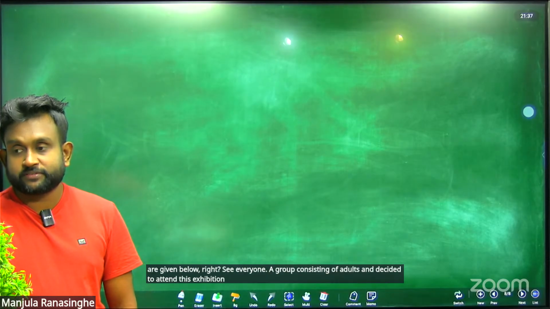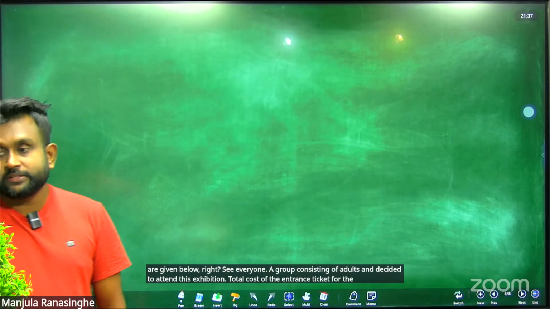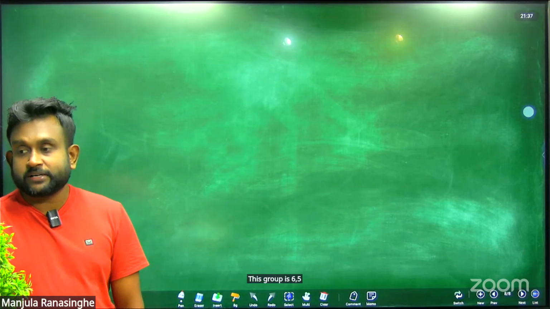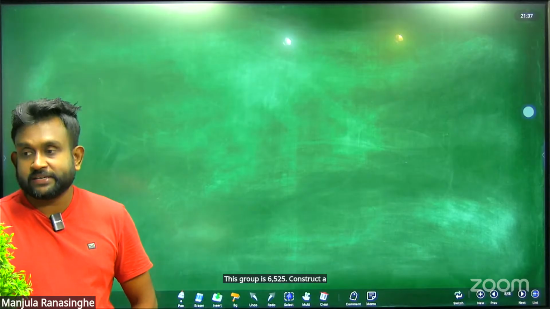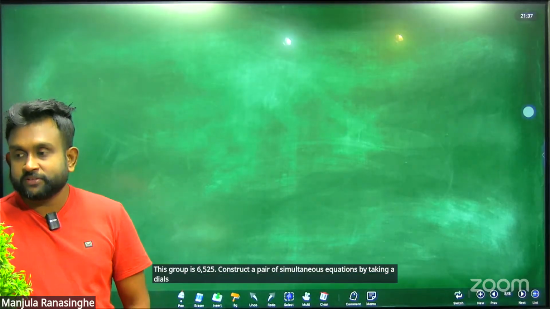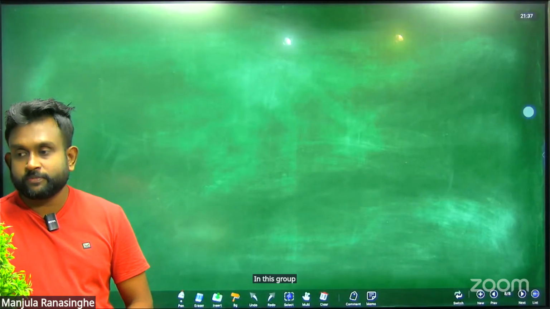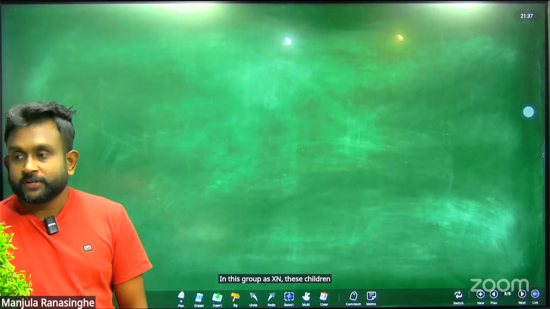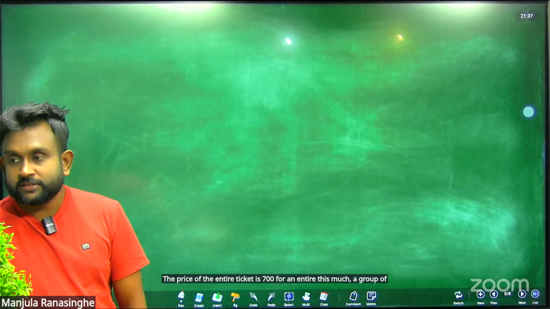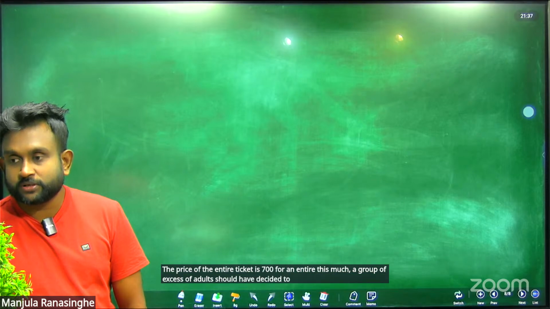The total cost of the entrance tickets for this group is 6,525. Construct a pair of simultaneous equations by taking adults in this group as X and children as Y.